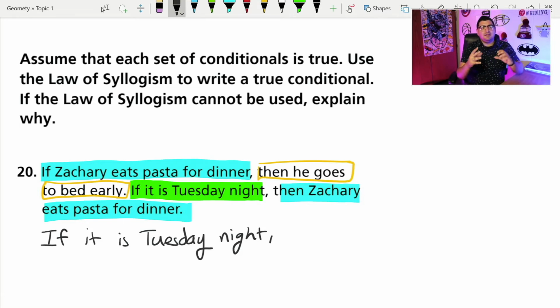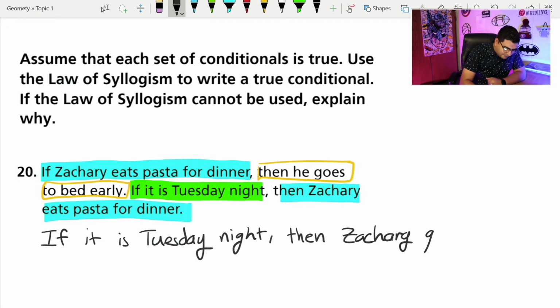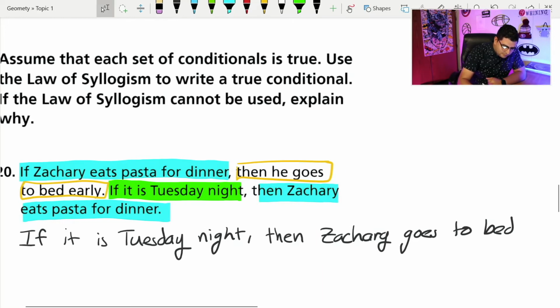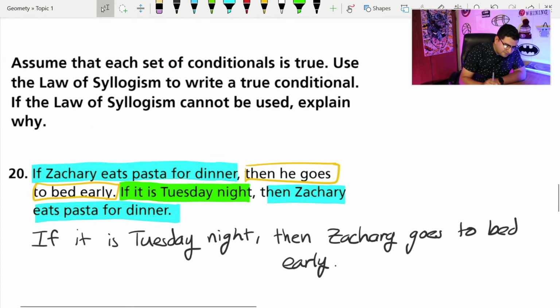I can directly eliminate the part where it says then he eats pasta for dinner and jump straight to the fact that if it is Tuesday night, then I know Zachary goes to bed early. And this is how we use the law of syllogism. This is a true statement.